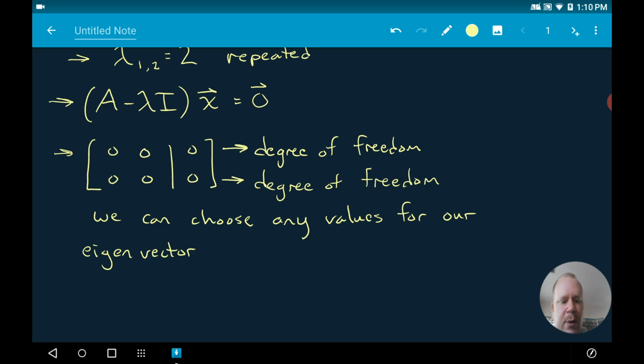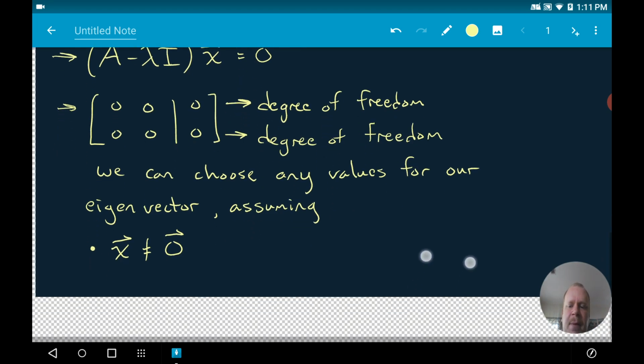The one thing that we need to think about, or rather two things: we need to make sure that our eigenvector is not equal to the 0 vector, so we can't use x1 equals 0, x2 equals 0.